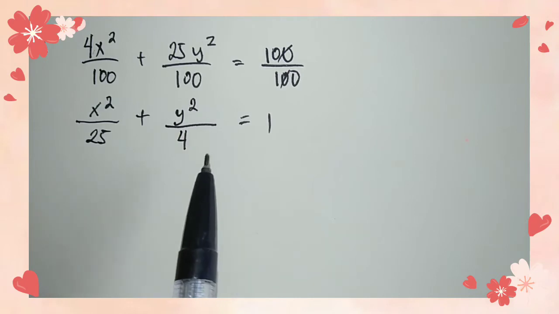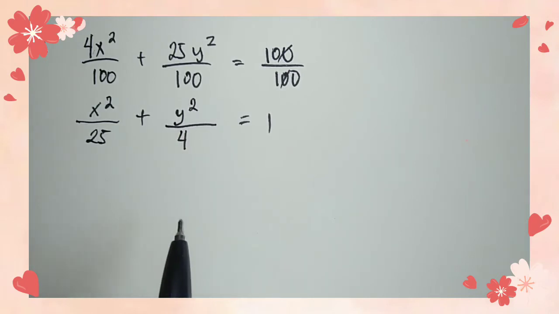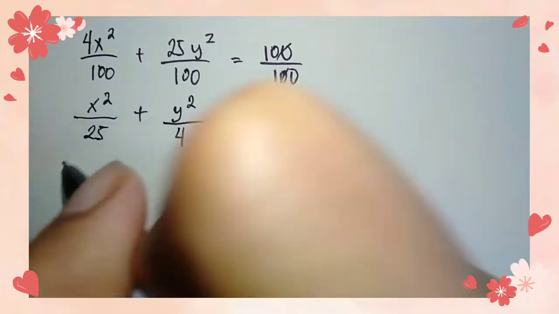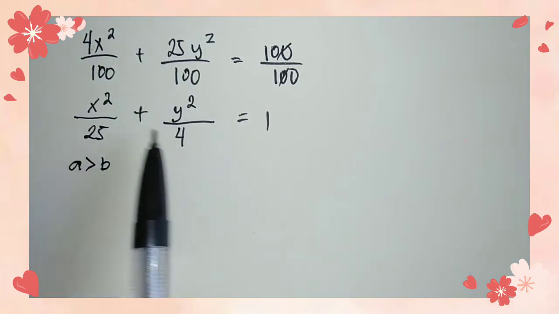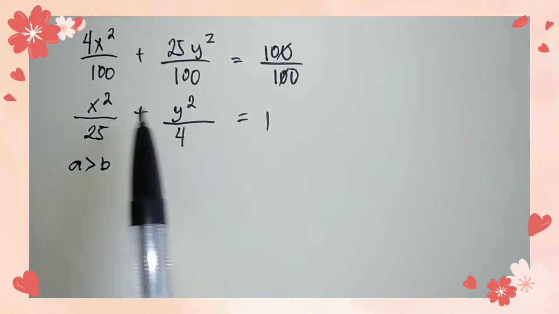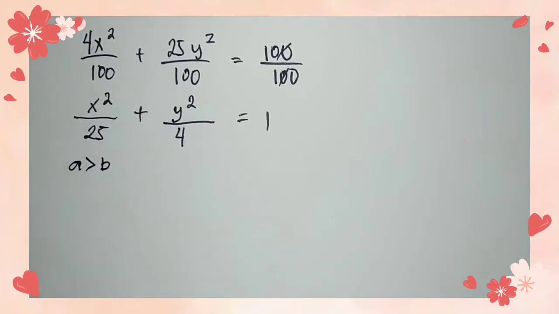This is a standard form of an ellipse, right? So, next thing to do is to remember that A is always greater than B. Okay? And, enable for you to determine A in the denominator of this X and Y, syempre, yung pinaka-malaki ang value or the greater value.